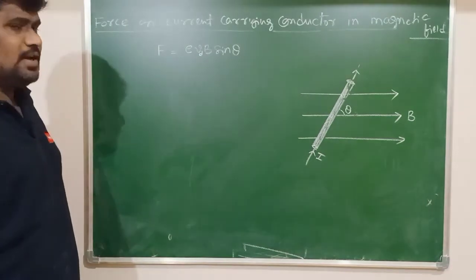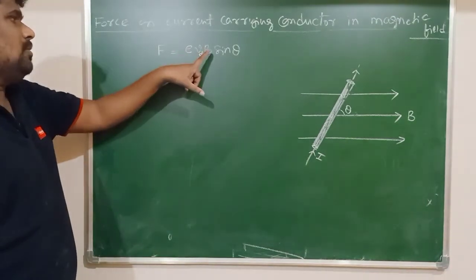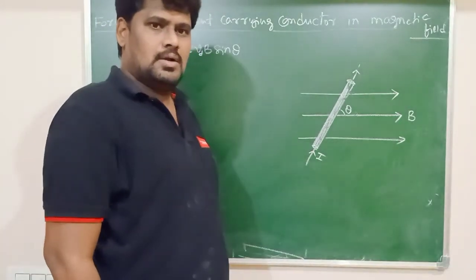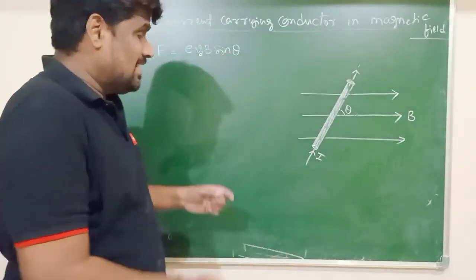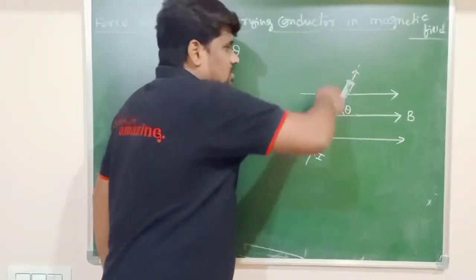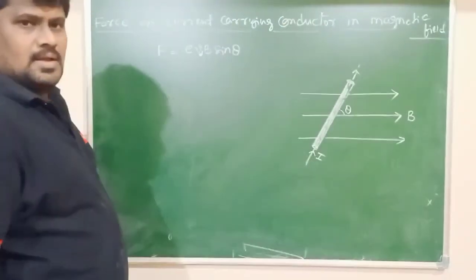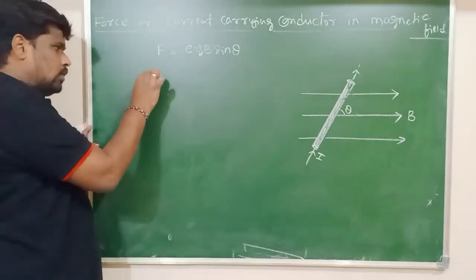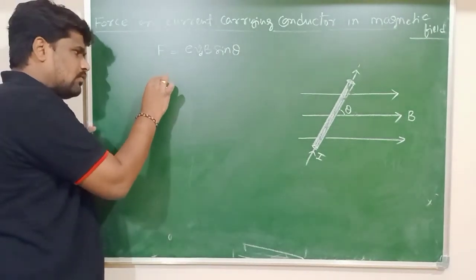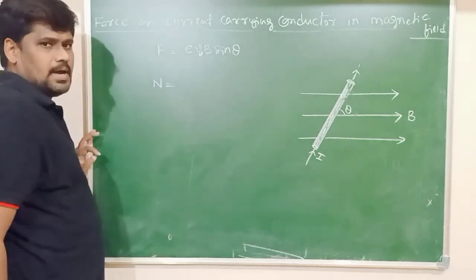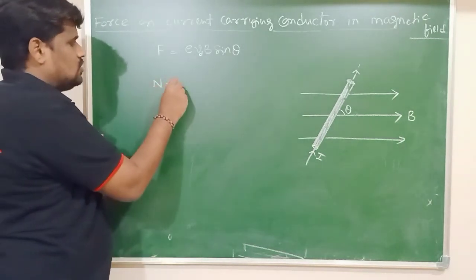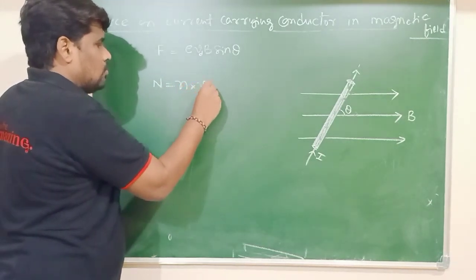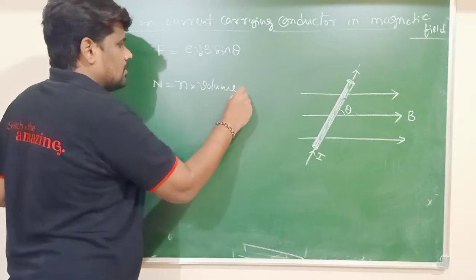So evd B sin theta is the force acting on a single free electron which is moving in a conductor. Then how many electrons are flowing in the conductor? The total number of electrons flowing in a conductor is given by capital N equals small n into the volume of the conductor.